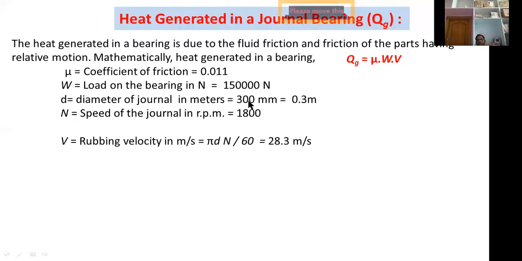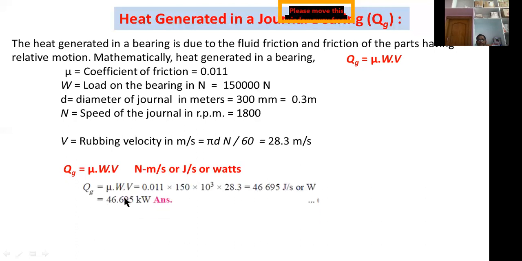Now you have to substitute the values of mu, W and velocity V in this formula. So here mu is 0.011 into load 150 kilonewtons, 150 into 1000, into velocity V equal to 28.3. Finally, we got the answer 46,695 joule per second or watts.